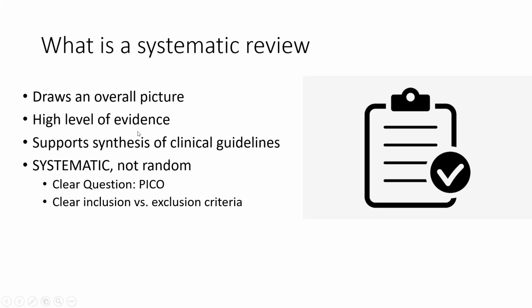And then it supports the synthesis of clinical guidelines. The reason for that is that sometimes you can have randomized controlled trials on a single idea, but then you can also find that one randomized controlled trial has ended up with a conclusion that is contradictory to another randomized controlled trial conducted on the same idea.